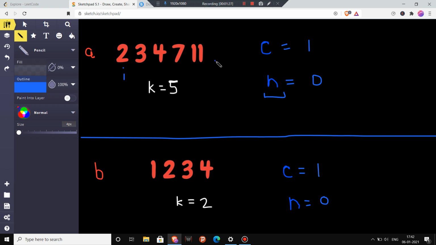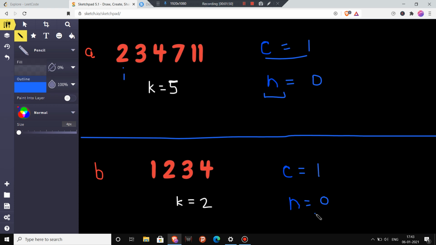Here I have an array A which is 2 3 4 7 11 and k is equal to 5, and I also have an array B which is 1 2 3 4 with k equal to 2. This is my variable C and N. Firstly, C is initialized to 1 and N is initialized to 0.